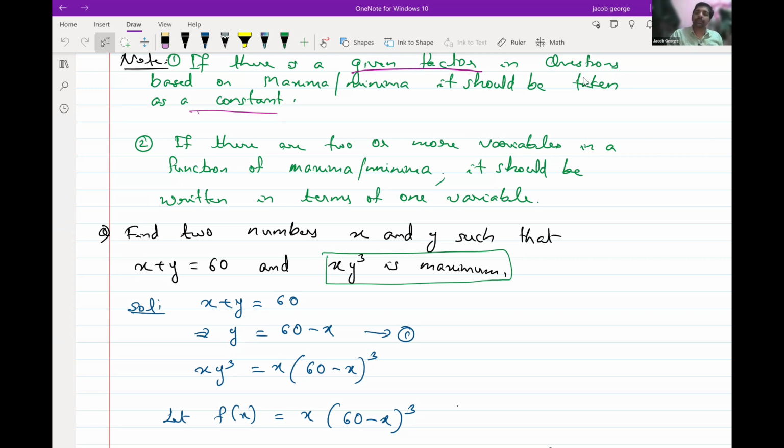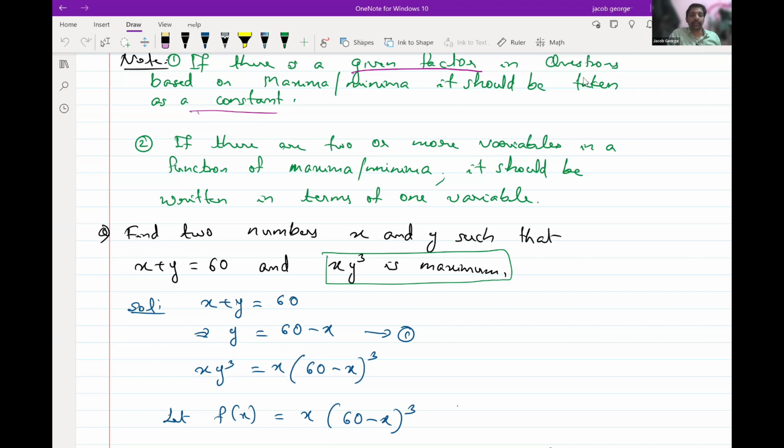After this, we take the function to be maximum, that is xy cube. So our focus is on the function xy cube, that has to be maximum. So in that expression xy cube, substitute in place of y. What do you substitute in place of y? Y is 60 minus x. In place of y, are you able to see that one? I have substituted 60 minus x.